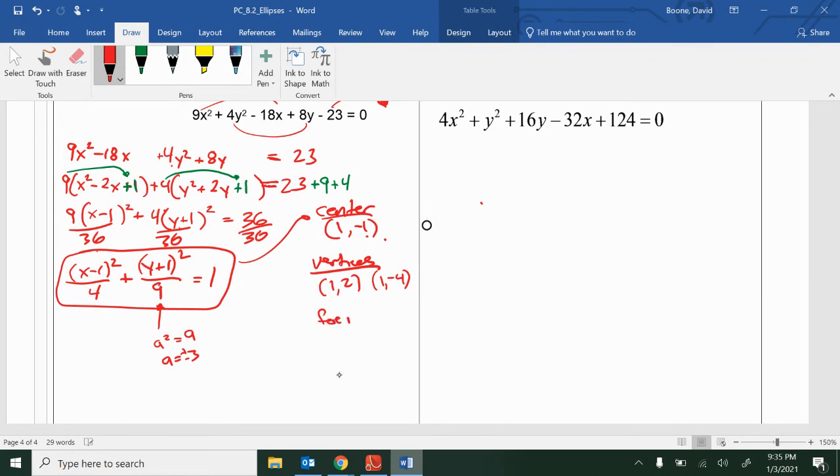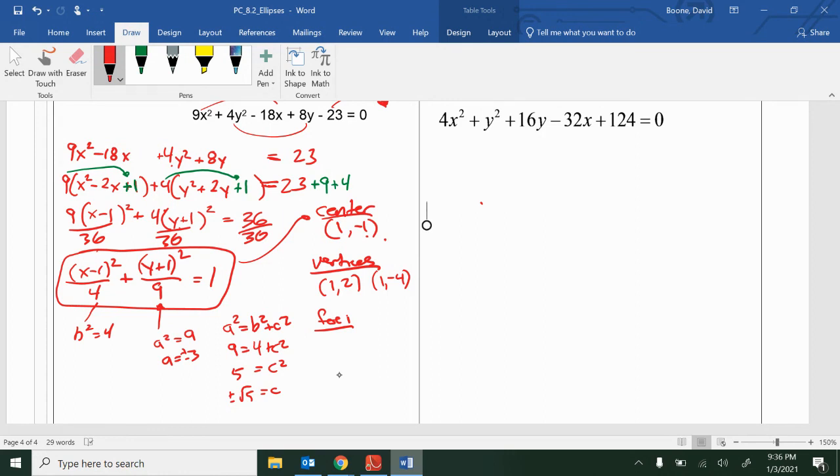For my foci, I'm going to have to find that c value. So again, we'll use a squared equals b squared plus c squared. I've got the a squared value, that's 9. This one was my b squared value, so b squared is 4. Subtract 4 and square root to get plus or minus square root of 5.